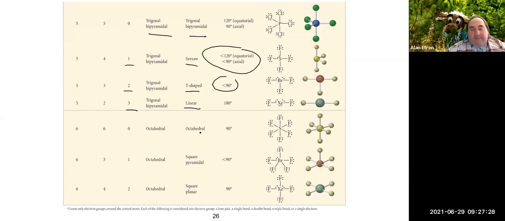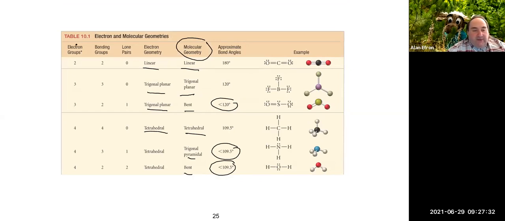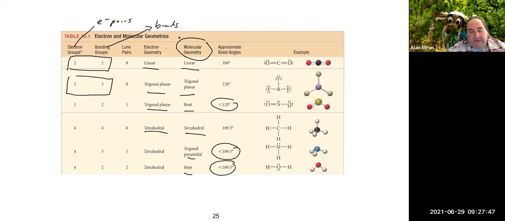So really the best way to do it is to make a table like this and just go: electron groups is a fancy way of saying electron pairs, and bonding groups is a fancy way of saying bonds. And again, personally, that's the way I learn it. Electron pairs, bonds, electron pairs, bonds, and the corresponding names that go with them. That's a very good way to put them together.